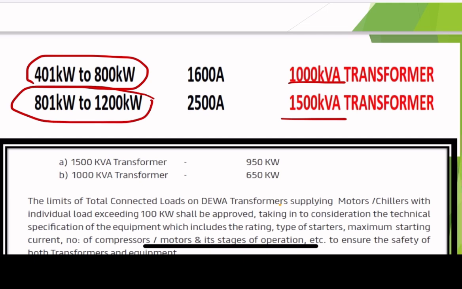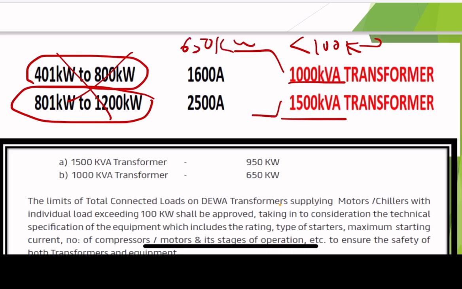But if any of the loads on the MDB is greater than 100 kilowatt, then this situation is not true. We can go till 650 kilowatt for 1000 kVA and 950 kilowatt for 1500 kVA.